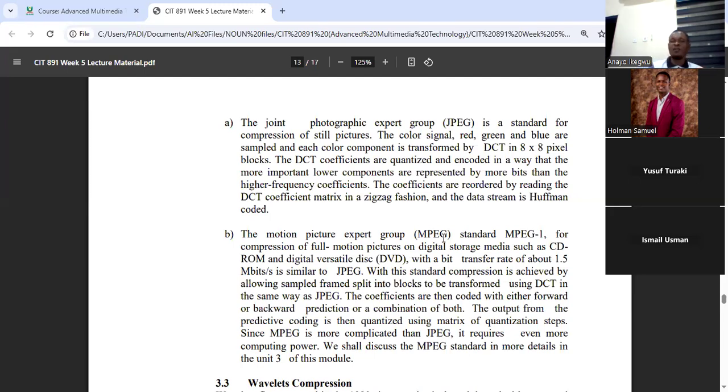Compression is achieved by splitting sample frames into blocks that are transformed using DCT in the same way as JPEG.